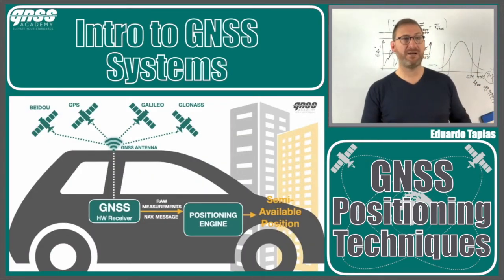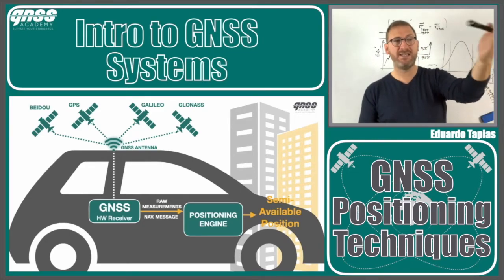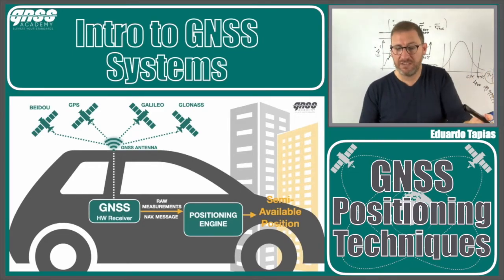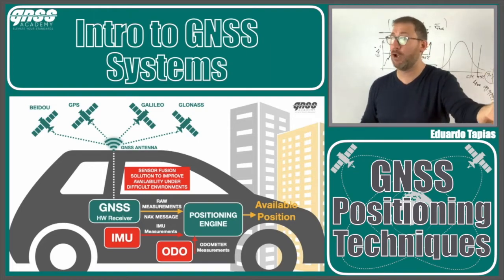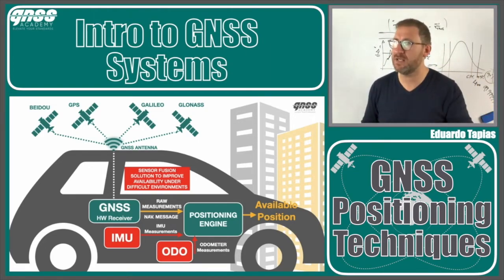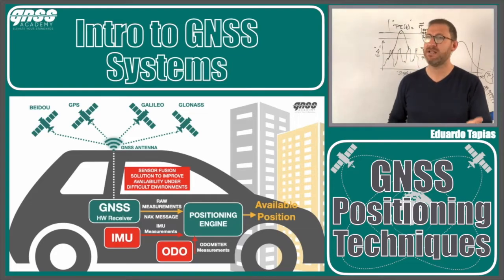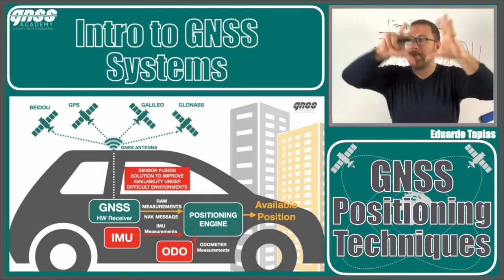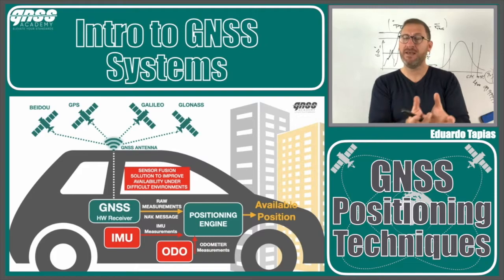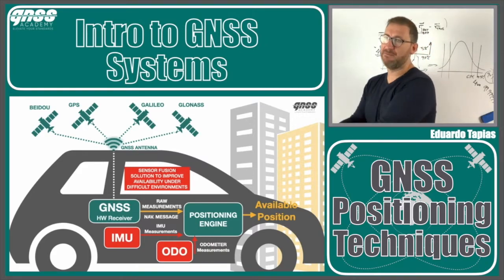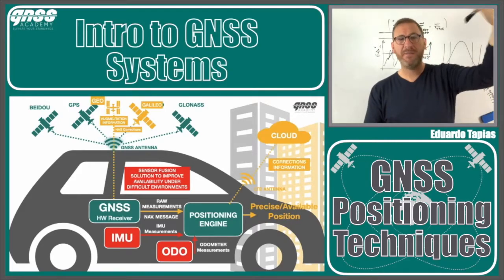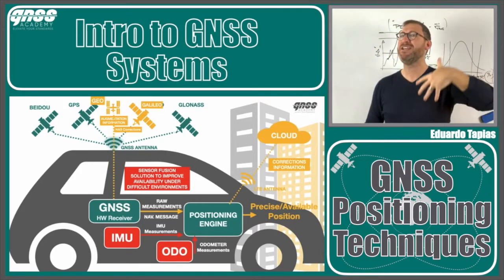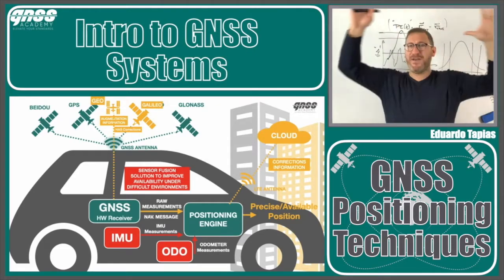In this particular case, we have a GNSS solution, a semi-available positioning, but then we add sensors like IMUs, which are inertial measurement units, or wheel odometers, or any other sensor I can use, cameras, lidars, whatever, in order to have a compound positioning solution and have an available solution all the time. On top of this solution, you can add a lot of things. You can add EGNOS, PPP corrections, you have precise positioning, whatever you want. Then at the end, we can have everything together, right?